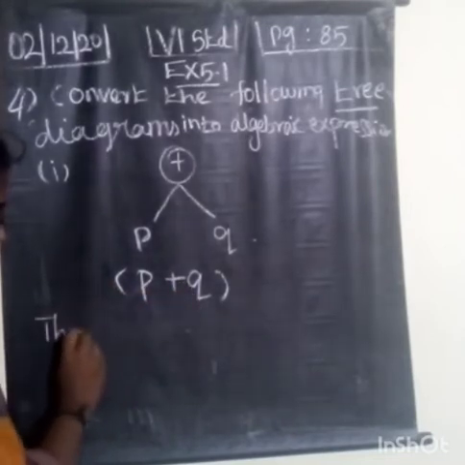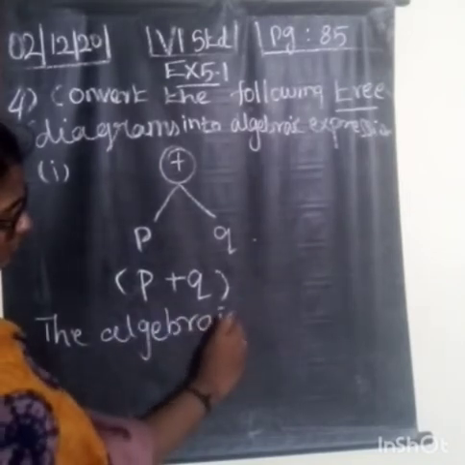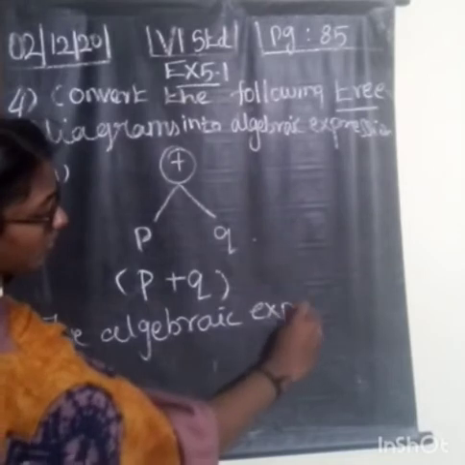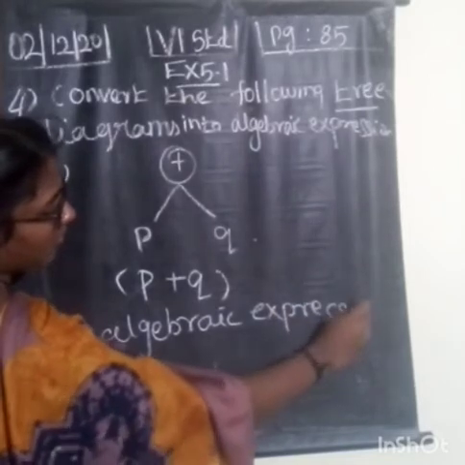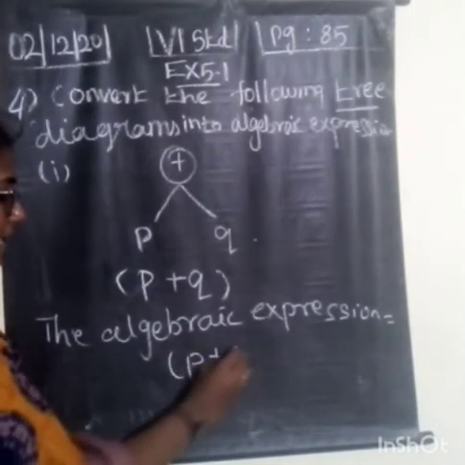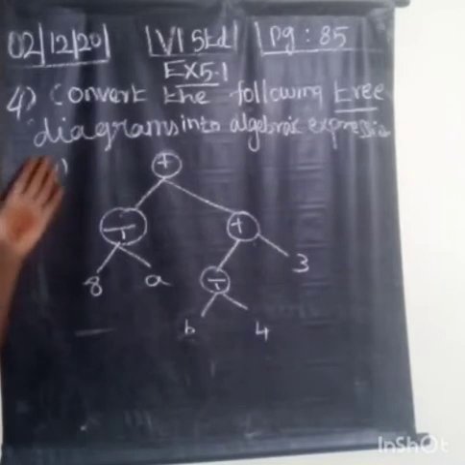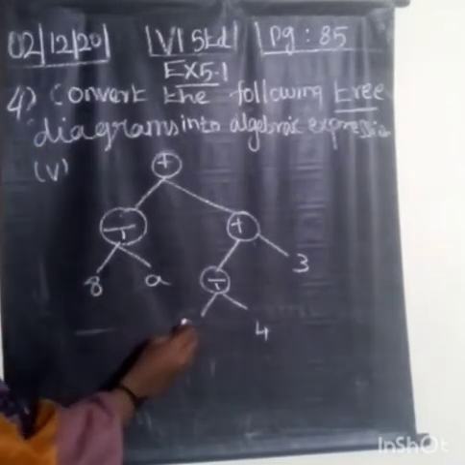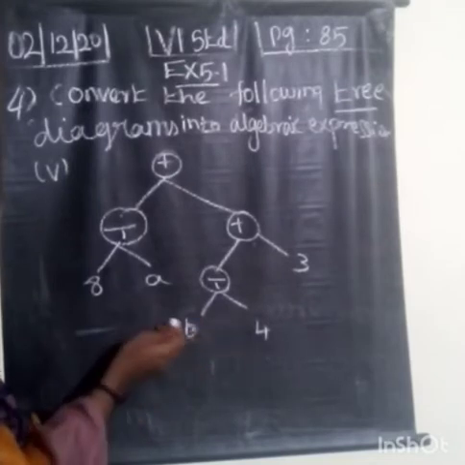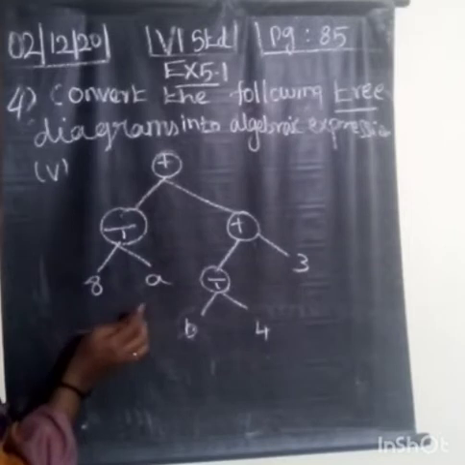The algebraic expression equals p plus q. Let us take the next tree diagram.